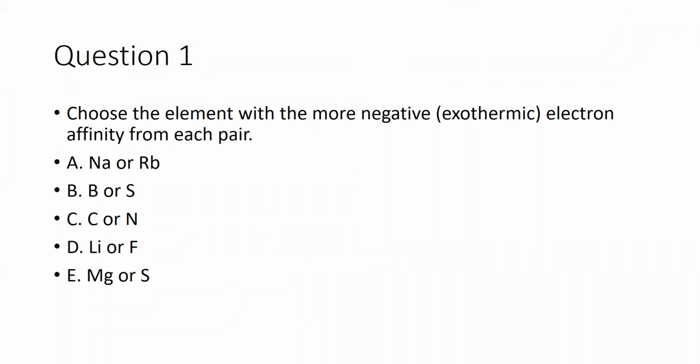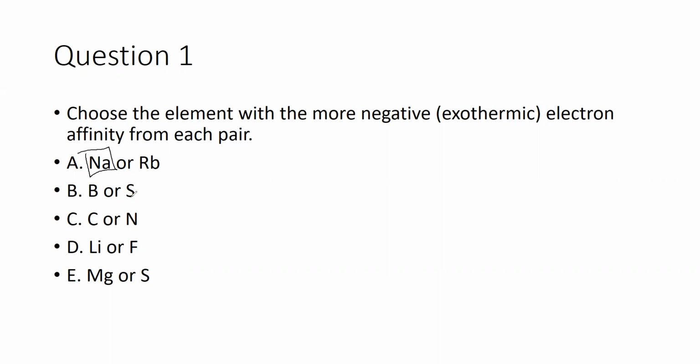From the trends that we just talked about, I want you to tell me which has the more negative electron affinity. Again, pause this video, see if you can figure it out, and then unpause when you've got them. But I'm just going to go through them right now. Na versus Rb. Same column, Na is further up, so it's going to be more negative. Boron versus sulfur. Sulfur is to the right.